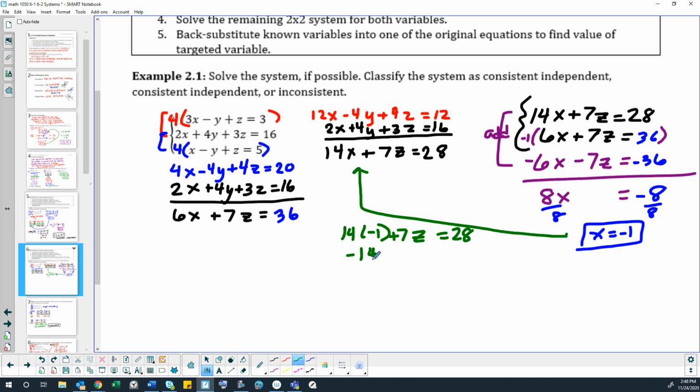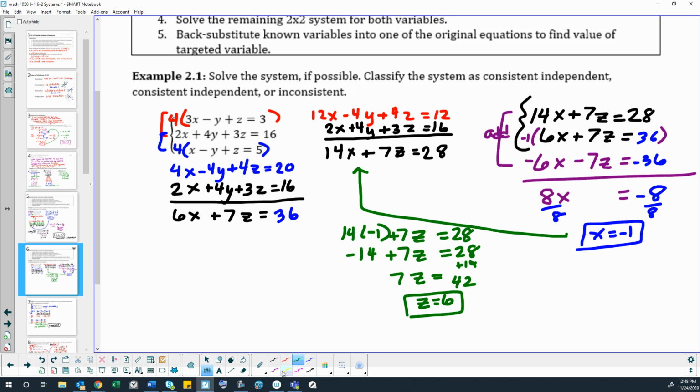So that's negative 14. So I'm going to add 14 to both sides. So that gives me 7z equals whatever 14 plus 28 is. I believe that's going to be 42. And then 7 goes into 42 6 times. So z is 6.